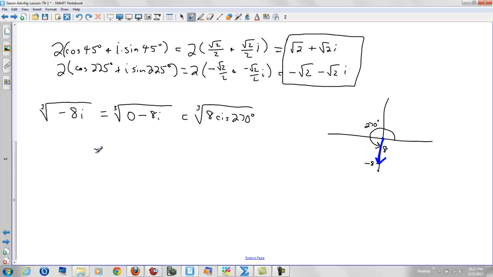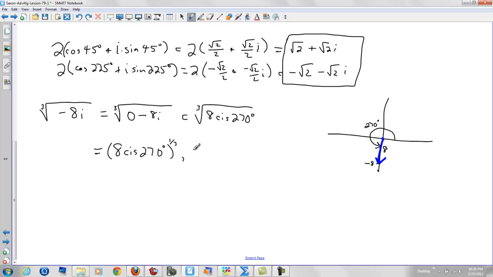So now I can write this as 8 cis 270 to the 1/3. But again, there's supposed to be 3 answers.